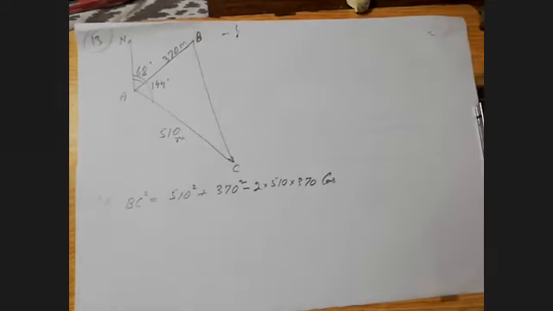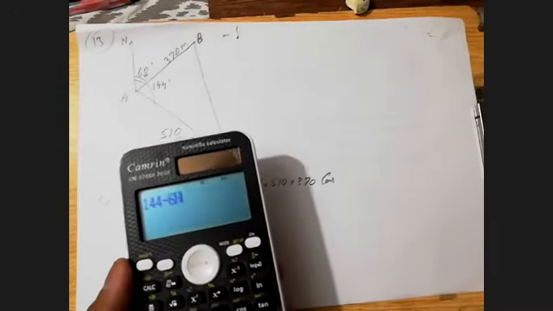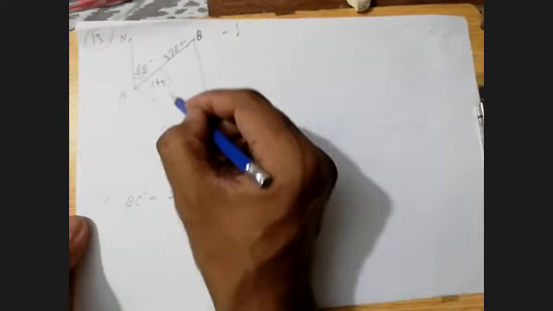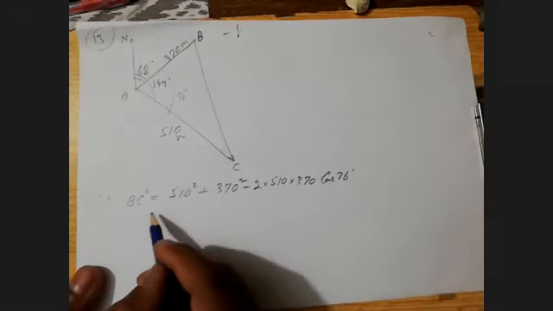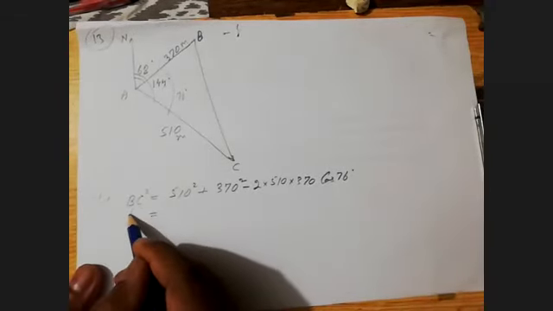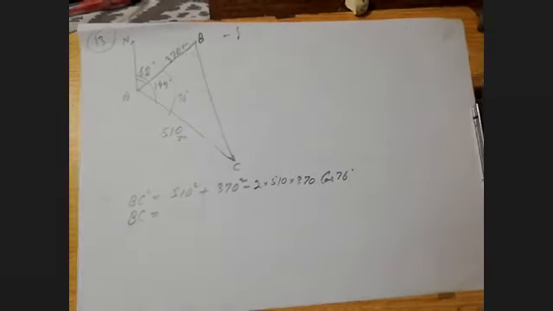To find out this angle from 144, we have to subtract 144 minus 68. So this angle is 76. I'm mentioning this 76 degree, cos of 76 degree. After simplification, I am expecting that you must just simplify this.